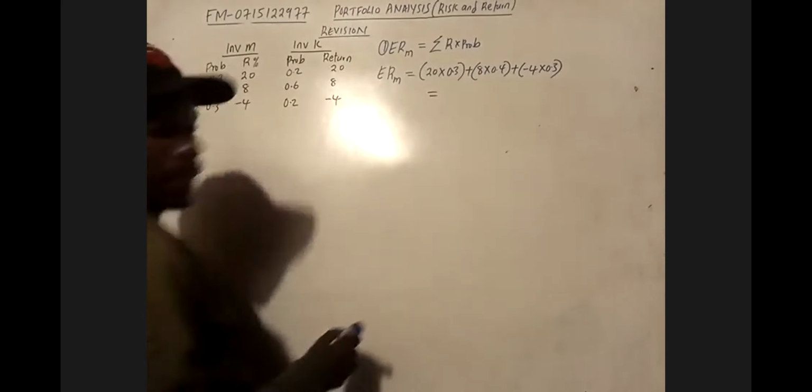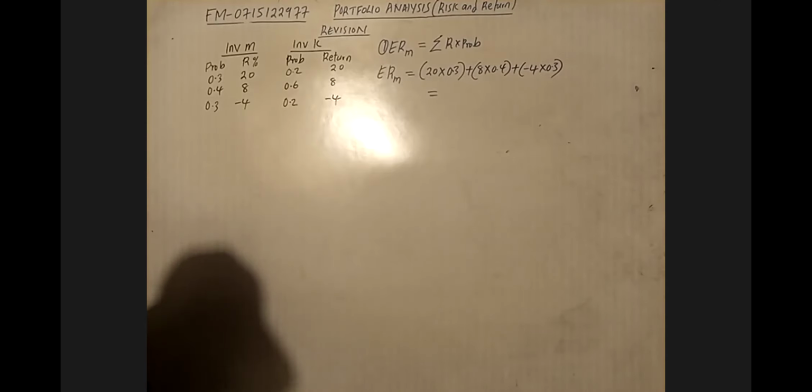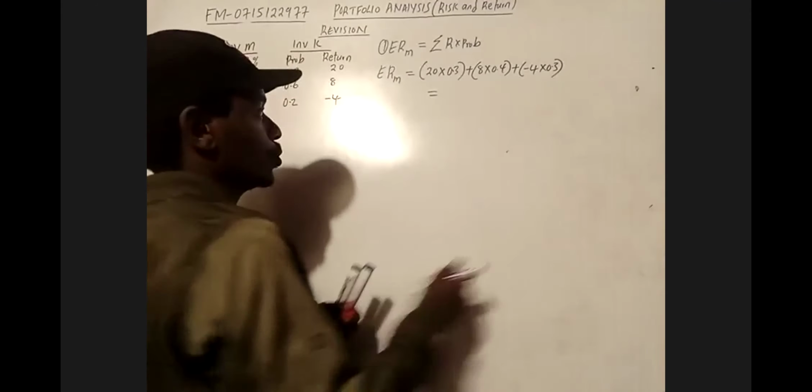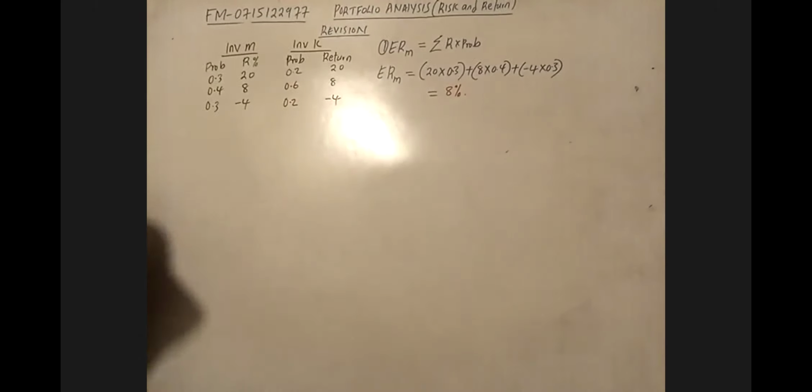So what will be the expected return for investment M? This will be equal to 20 times 0.3 plus 8 times 0.4 plus minus 4 times 0.3, which is 8%. That's equal to 8%.